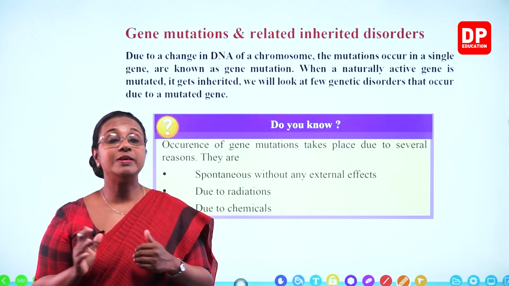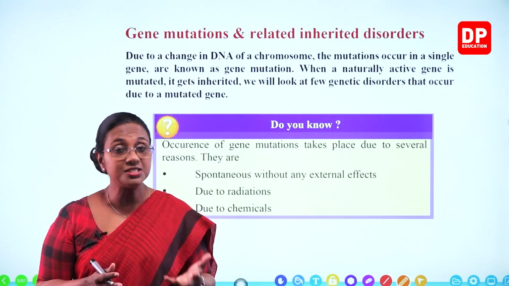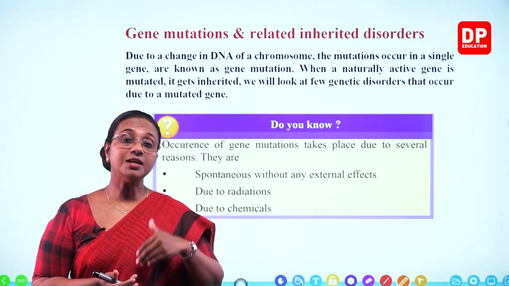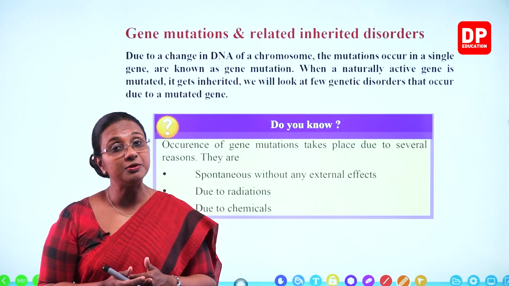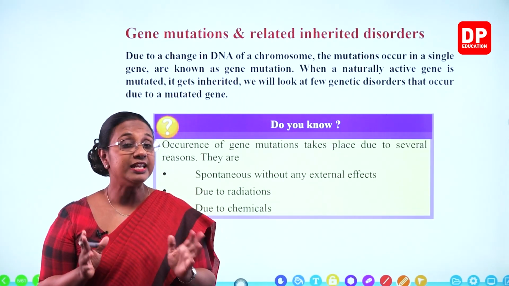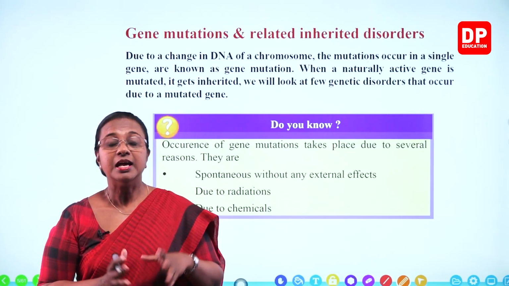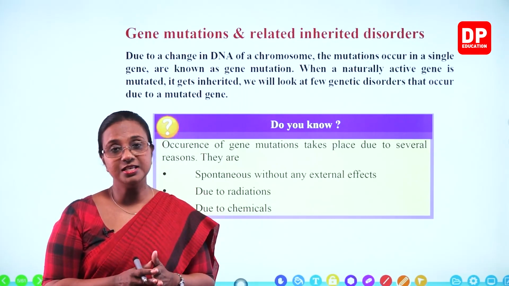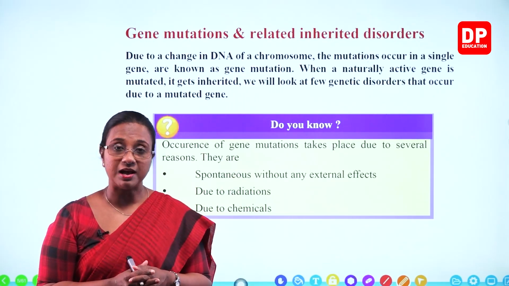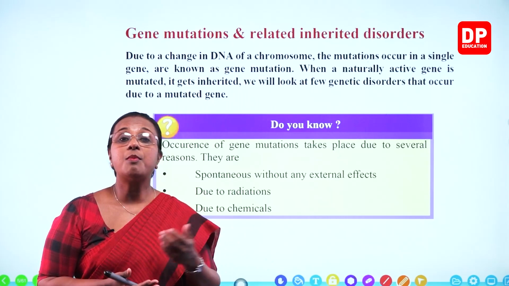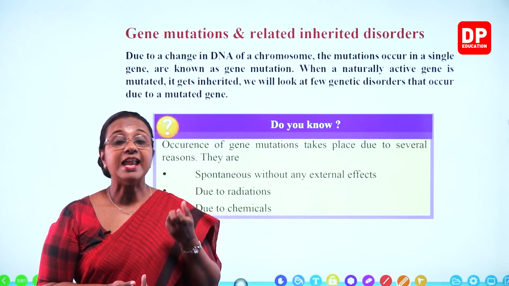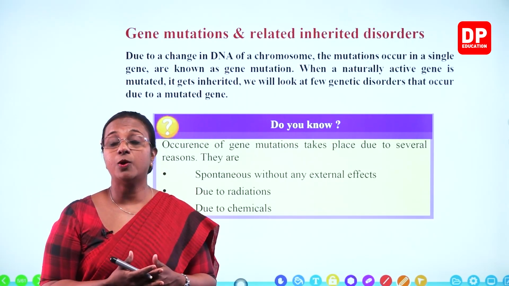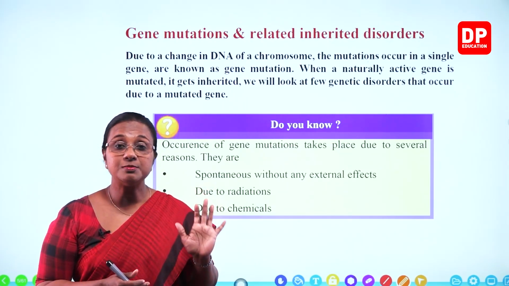Variations are changes in the combination of genes, which lead to the production of new characteristics, and that is good for evolution. A similar thing, but here there is a change in the gene or the nitrogen base pair that leads to a modified gene. That modification is what we call a mutation.